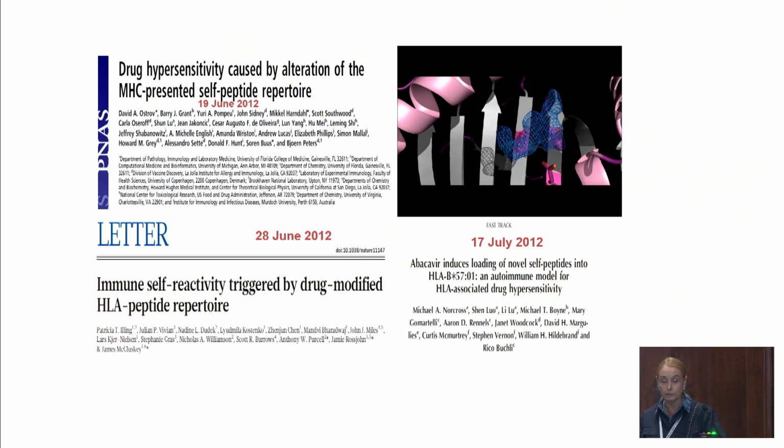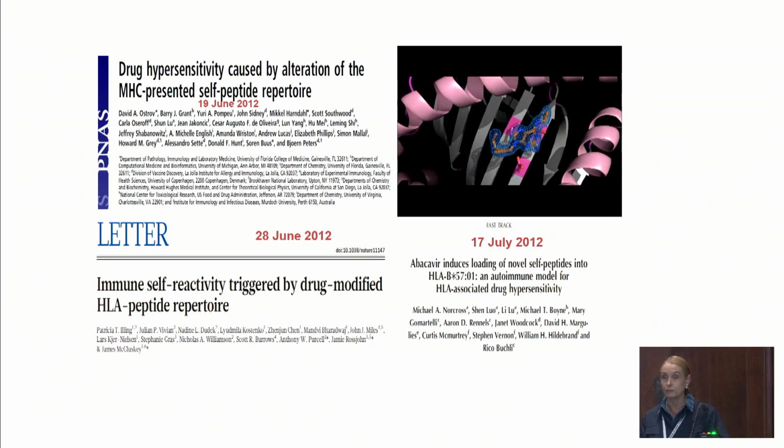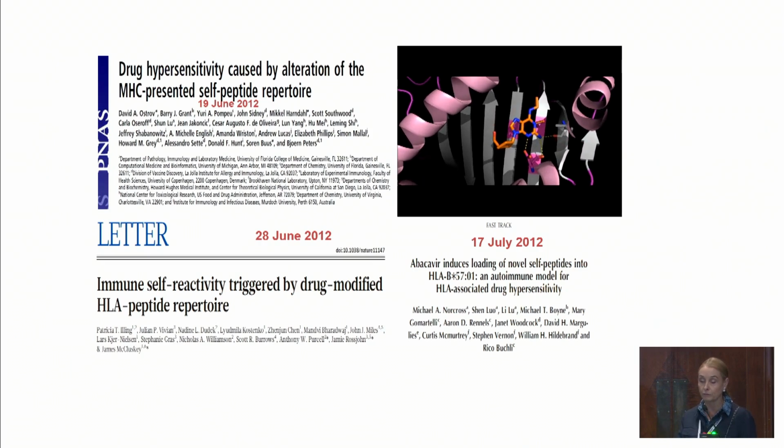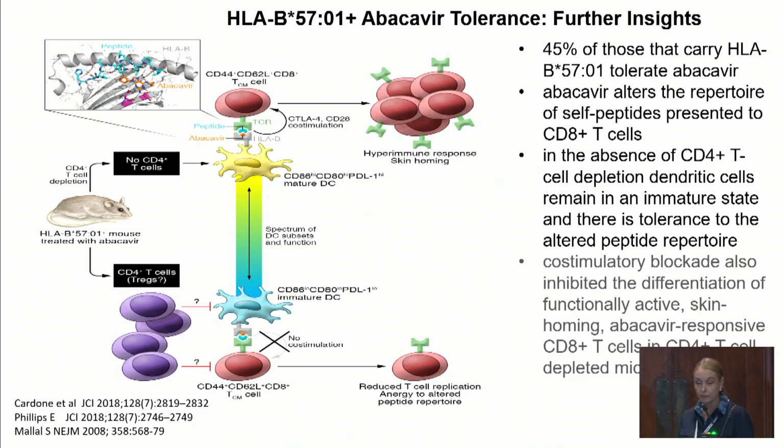Through elegant studies that included a combination of peptide elution, peptide binding studies, it was found that abacavir actually binds within the F binding pocket of HLA-B5701, and it alters the type of peptide that actually binds to B5701. The typical native peptide would be an aliphatic aromatic peptide, and it changed this to an aliphatic linear peptide like valine or leucine, and based on this, this creates a foreign response that can now be recognized by CD8 T cells.